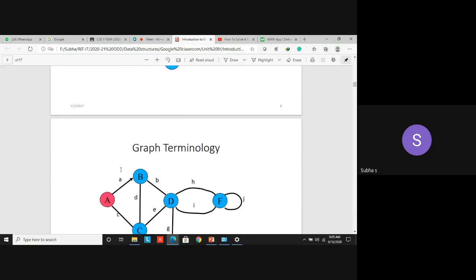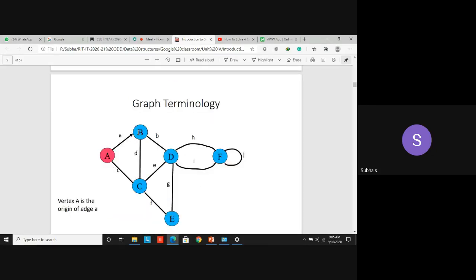But here there is a path from A to B only. There is no path from B to A. So capital A is called the origin of edge a. But for B and D, we can't tell B is the origin of small b because B and D are not directed. A normal line denotes bidirectional only. There may be a path from capital B to capital D or from capital D to B.